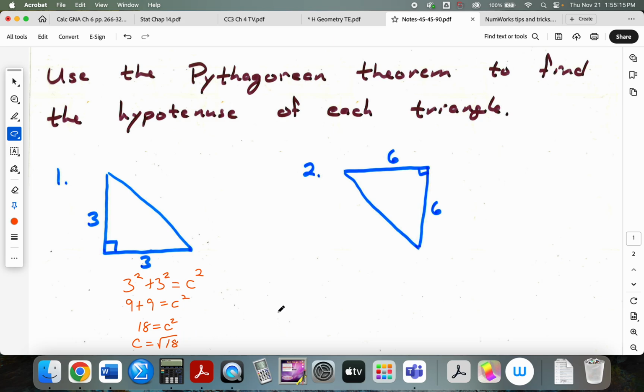Now we need to simplify the square root of 18. If we divide it by 2, that gives me 9. Divide by 3 twice. The square root of 3 times the square root of 3 is 3. And so we have 3 times the square root of 2.